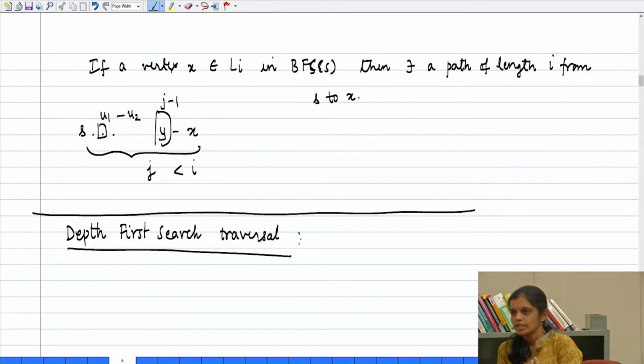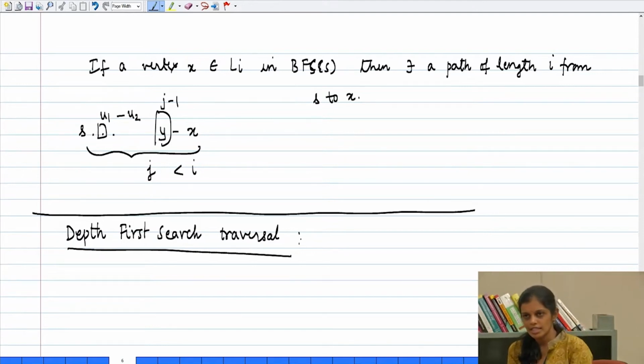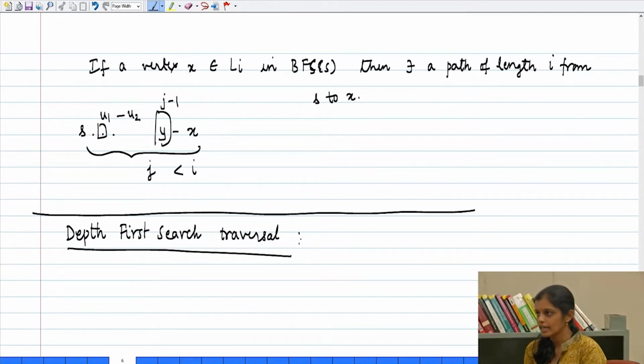In contrast to what the breadth first search did, that is, it started at the source and tried to look at all the neighbors and then their neighbors and so on, the depth first, as its name suggests, is going to go deep down. The analogy we had was that you have one single person. You are the sole person who is exploring that graph.